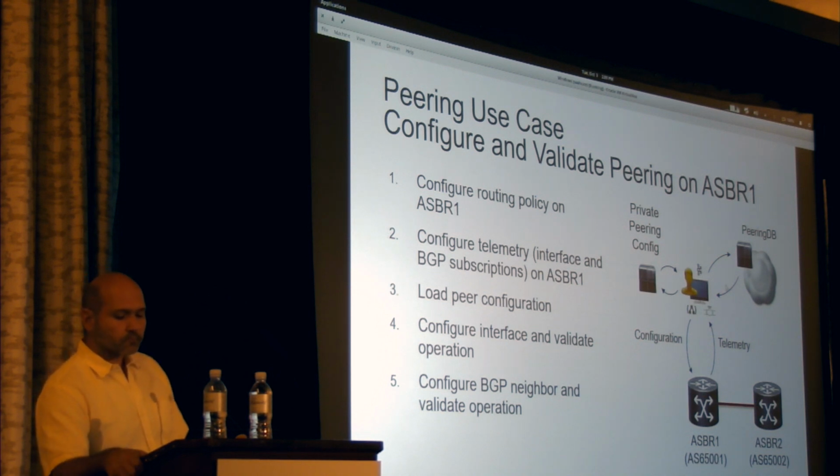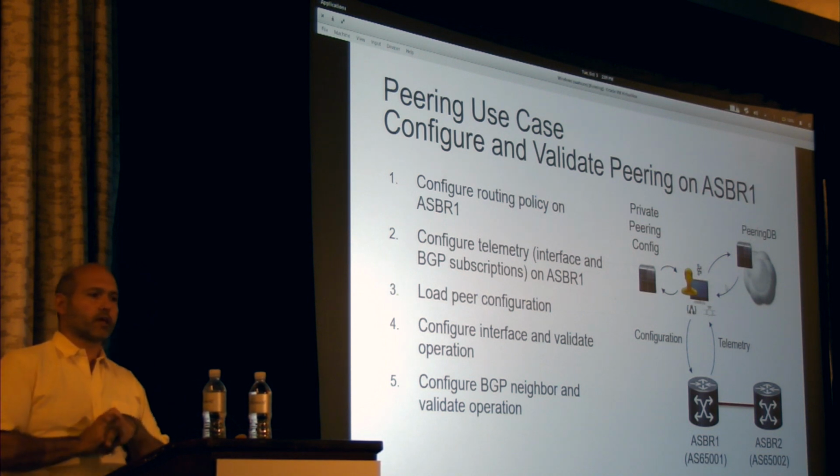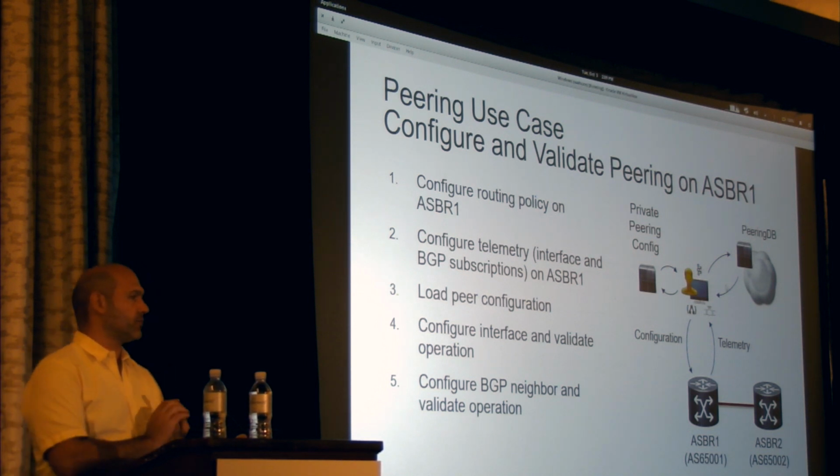So what I wanted to do next was to combine those 4 models and see if I can implement a workflow. The workflow that I chose was to configure and validate peers.